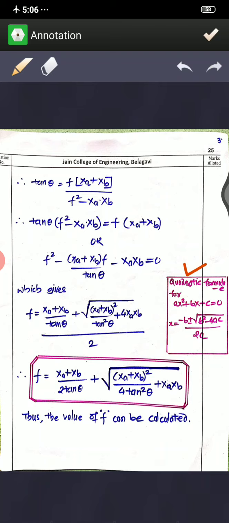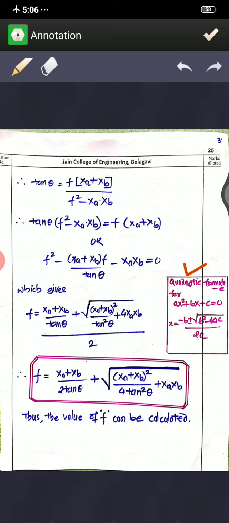Once you get that equation, then the final result will be very easy. See here, I have shown how to get the value of x, which you already know: x is equal to minus b plus or minus square root of b square minus 4ac divided by 2a. The same way, applying the quadratic equation here gives you f is equal to xa plus xb divided by tan theta plus square root of xa plus xb whole square divided by tan square theta plus 4xa xb, divided by 2.